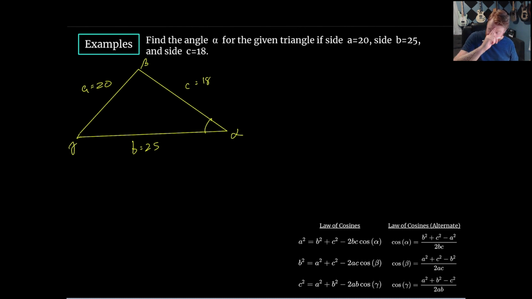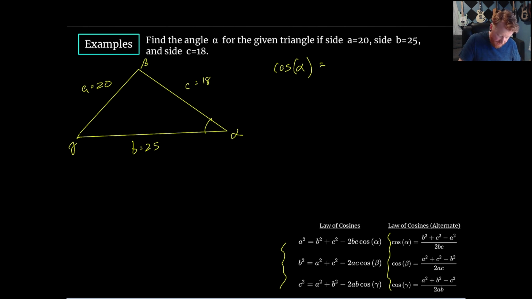We know all the sides here, so we could just use one of our regular old law of sines, but since we're trying to solve for alpha, let's just use one of these alternate versions here that are already explicitly solved for. So I'm going to use cosine alpha, which is what we're trying to find.